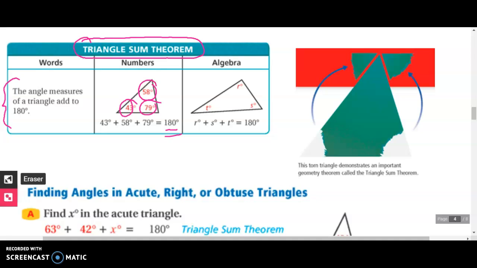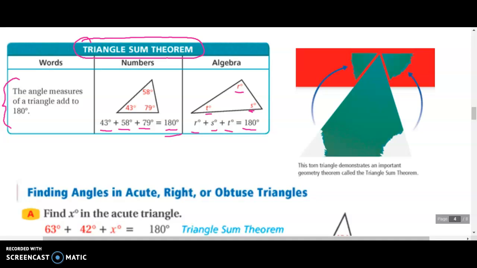So here we have 58, 43, and 79. And if we add 58, 43, and 79, we get 180. Okay? If we had something with algebra, if we had one angle that was R, one that was T, and one that was S, we may not know what each angle is, but we know that R plus S plus T must equal 180 degrees.